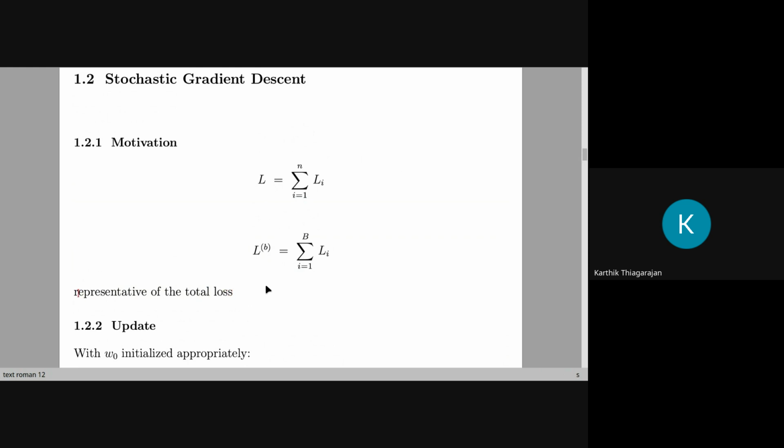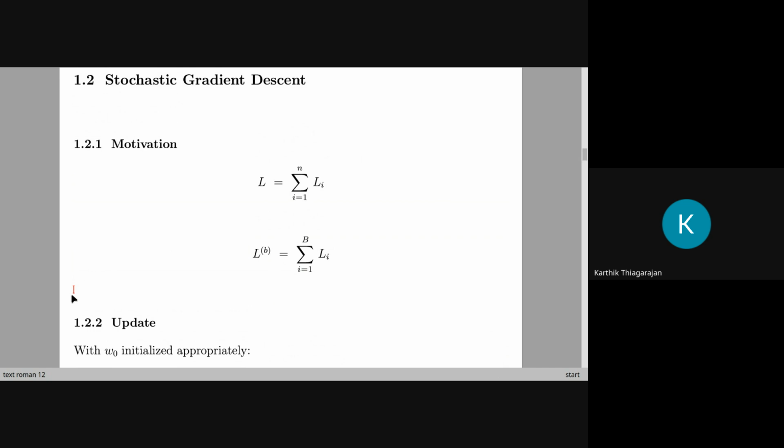LB should be representative of the total loss L. So if all data points belong to one class, that's an issue because it's not representative of L. But about the stratification, to my knowledge, I think it has to be fixed even before you start passing in batches to your algorithm. Okay, maybe we can check this up later. I also don't know.